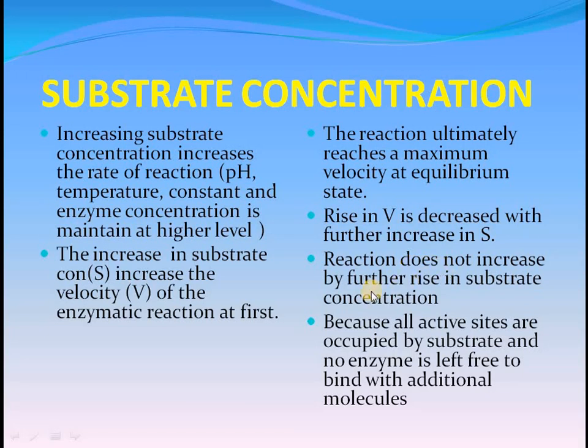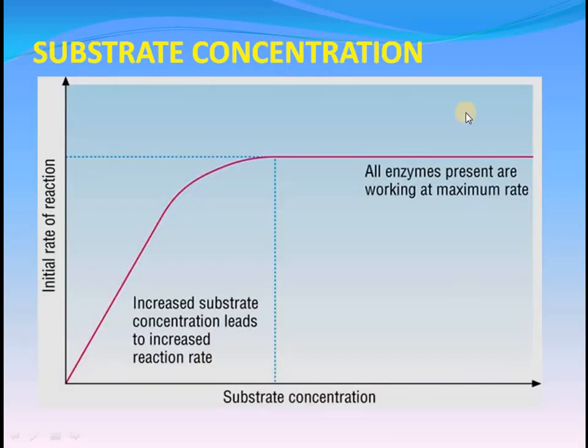The reaction does not increase by further rise in substrate concentration. Now what is the reason? Because all active sites are occupied by substrate and no enzyme is left free to bind with additional molecules.